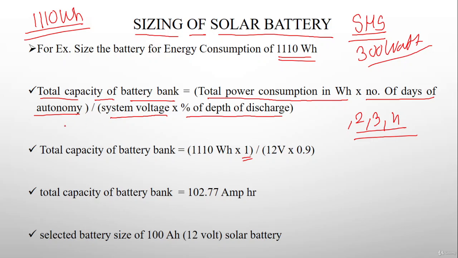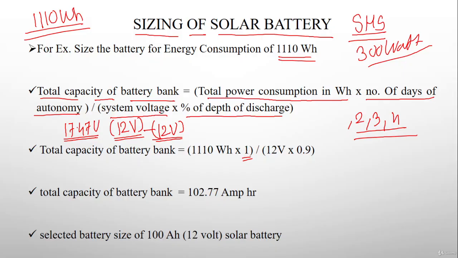In this case, we are feeding a voltage of about 17.47 volt to the charge controller. We have selected the rated voltage of the solar charge controller as 12 volt. So whenever we make the battery bank connection, we have to select 12 volt batteries. In that case, our system voltage is 12 volt.